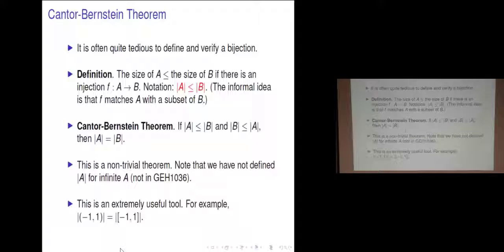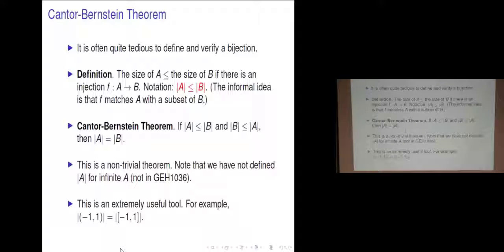You know intervals, right? You know the interval on the real line. This round bracket means open interval. It doesn't include -1 and 1. This square bracket means the closed interval. It includes -1 and 1, right?